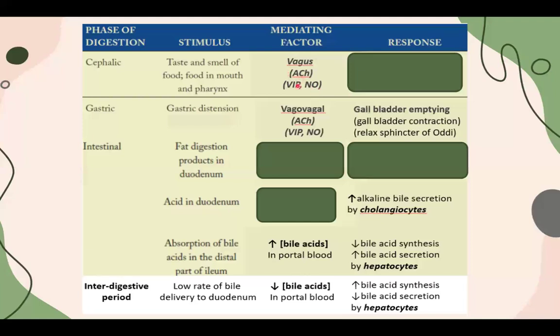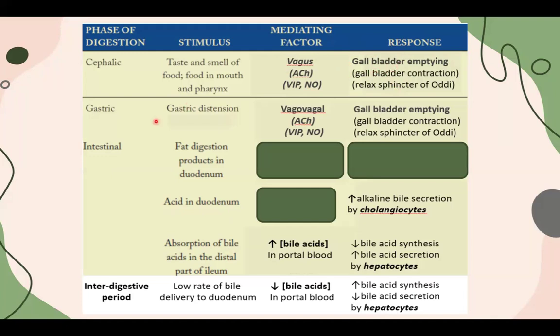Now, does anyone remember what these neurotransmitters do? Yes, okay. They cause gallbladder contraction and relax the sphincter of Oddi. This would cause bile to get secreted.